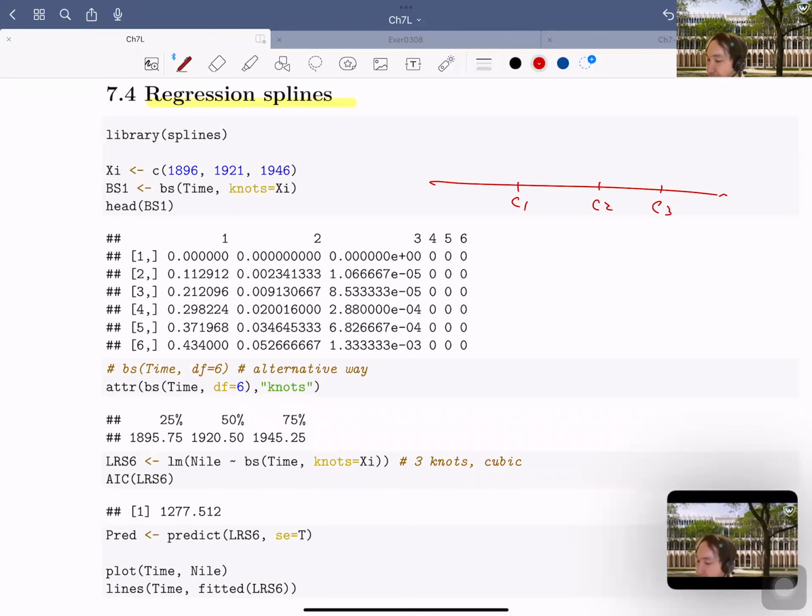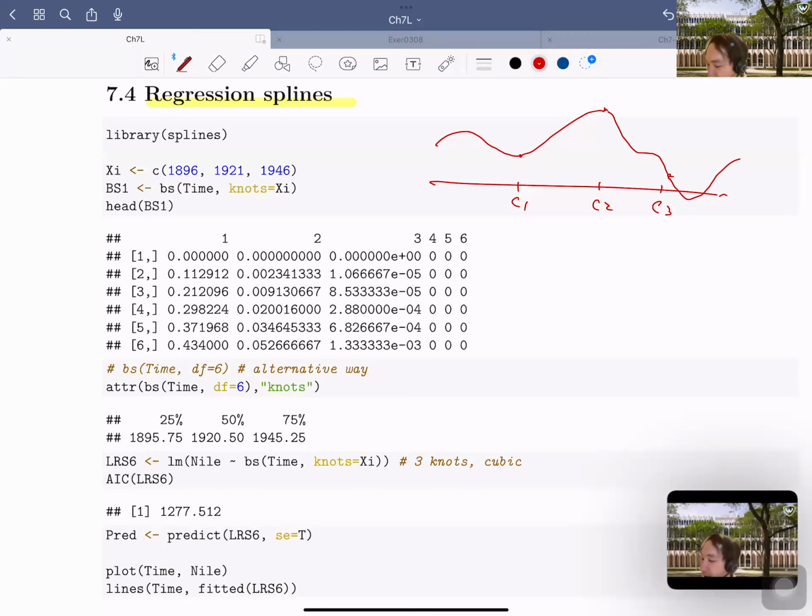Then after that, we fit the curve. We fit the cubic curve here, usually if it's a cubic spline. Then we have one more parameter to adjust the shape, then one more parameter to adjust the shape, then one more parameter here. So as long as we can define the basis, then we can fit the model.